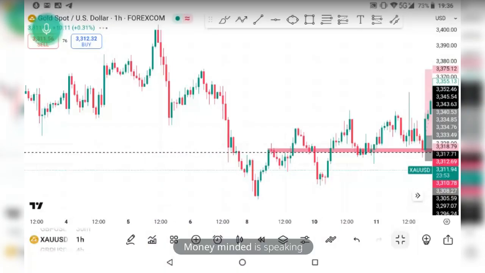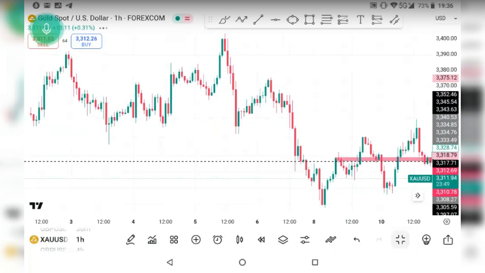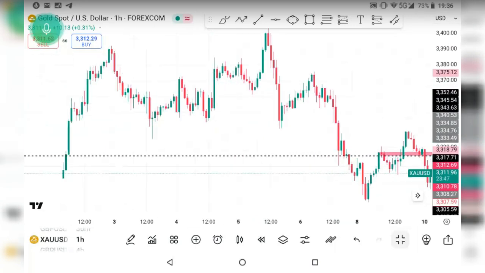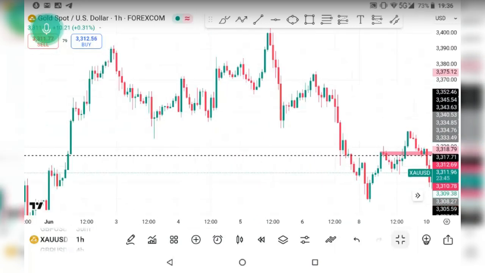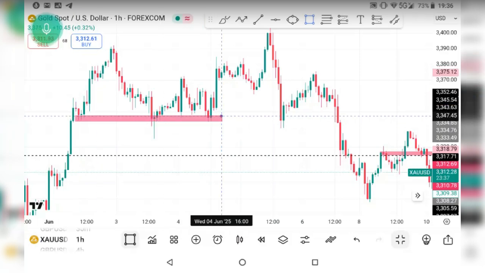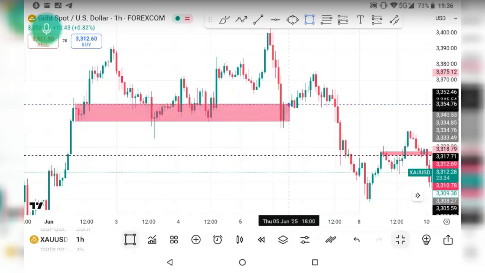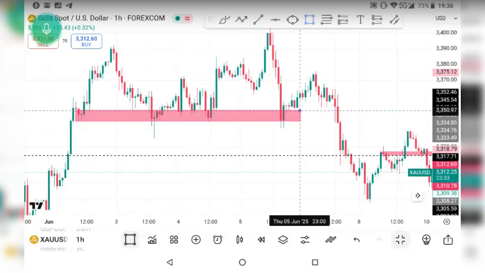So here now we have another bullish engulfing candle at this support area. You can see this is a very nice support. Price has tapped on this particular area multiple times. Let's use from here to here, 3 times.